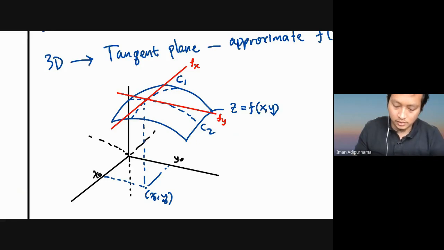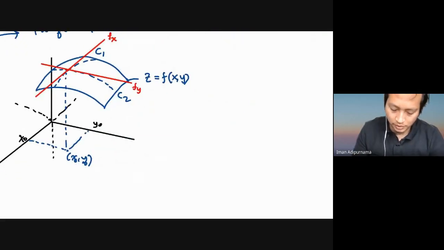Let me write some notes here. The tangent plane will contain both lines.